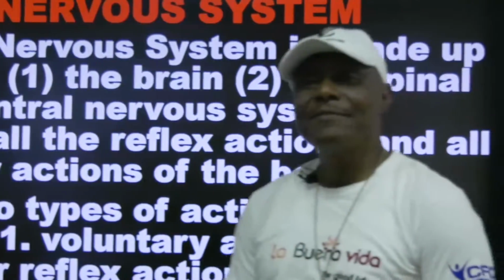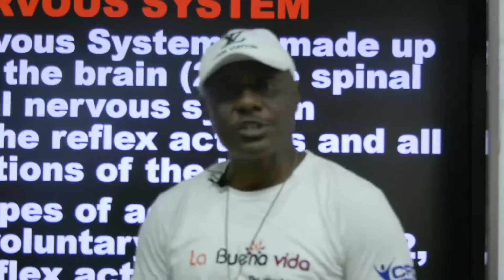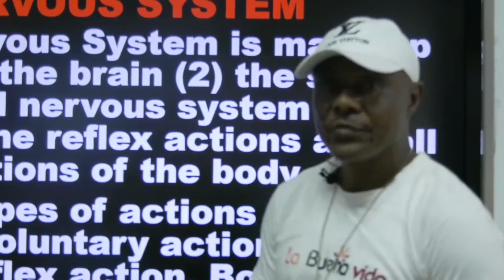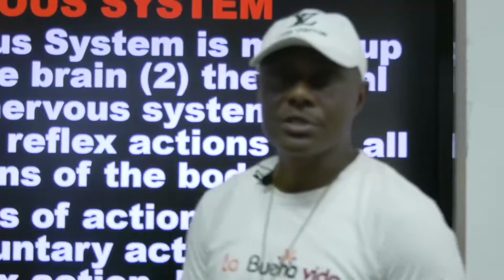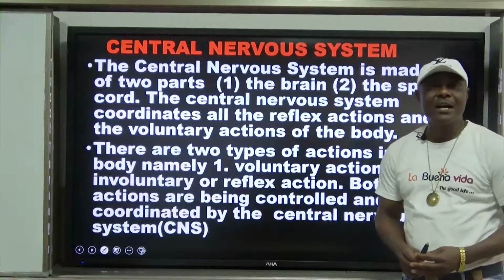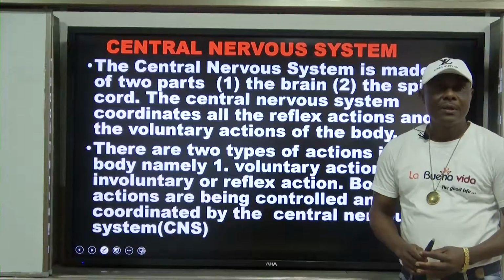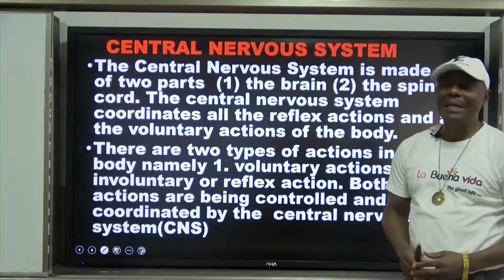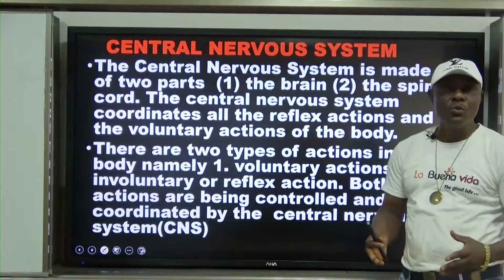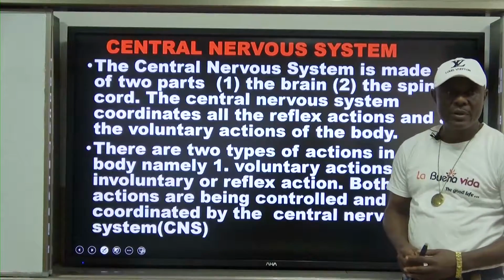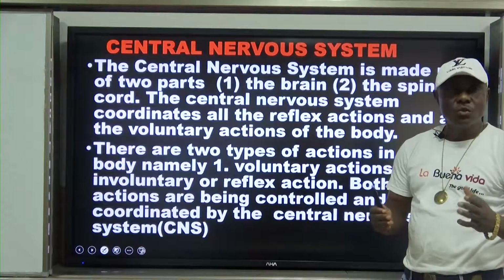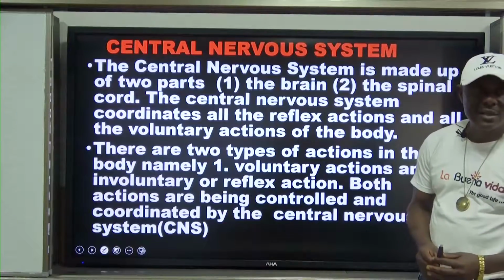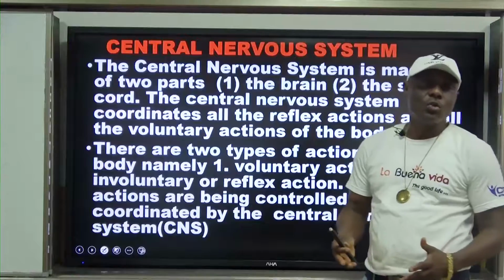We also have the voluntary actions. Just like the name implies, you volunteer whether or not to carry them out. Those are voluntary actions. Things like movement, you can decide to move, you can decide not to move. You can decide to write, you can decide not to write. You can decide to eat or not to eat.